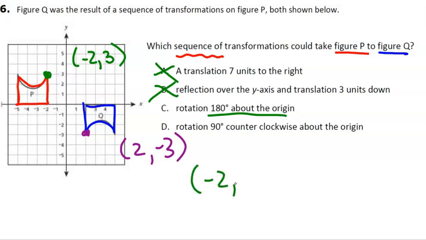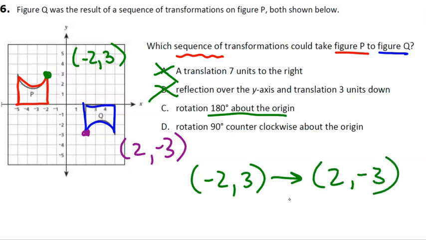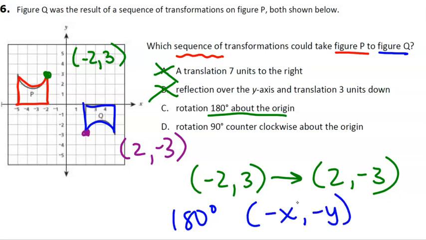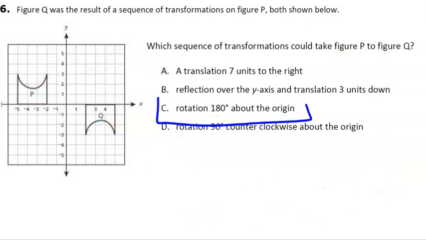So if we start at (-2, 3), and we end at (2, -3), and we're following the 180-degree transformation rule, which is that everybody changes signs, this appears to be true. So a rotation of 180 degrees about the origin is the sequence that happened.